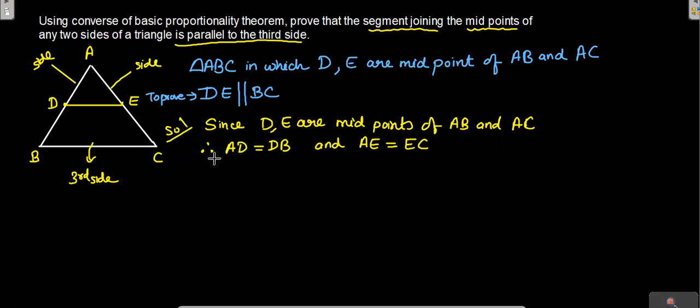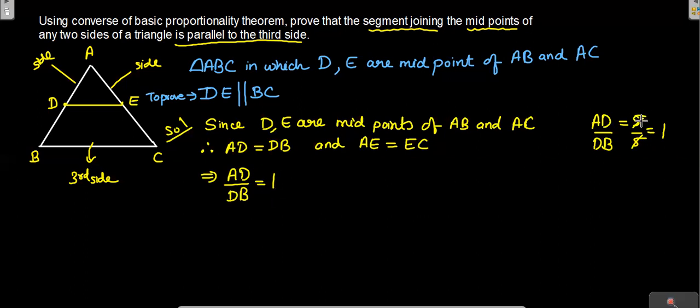Since those lengths are the same, I can write the ratio of AD divided by DB. Suppose AD is 5 centimeter and DB is also 5 centimeter. If numbers are the same, when you divide you get 1. So AD divided by DB is 1.